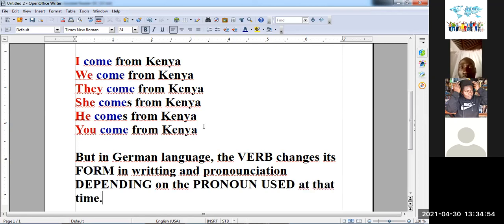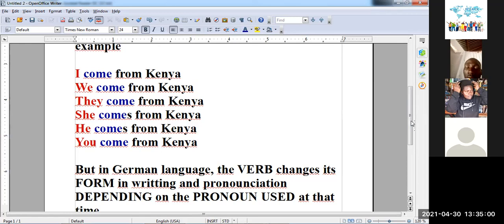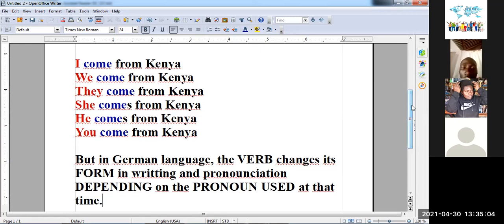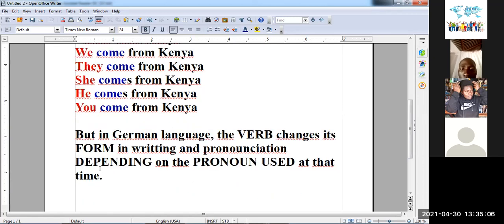Very important. As we are saying, in English, you're just using the same verb with different pronouns. But in German language, the verb changes its form in writing and pronunciation depending on the pronoun used.